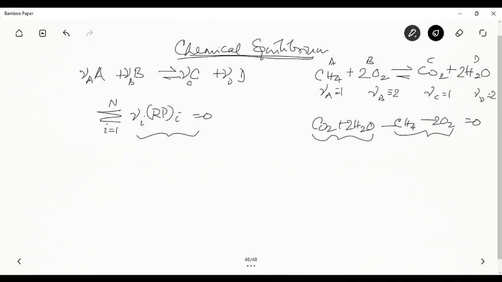Okay. So then what happens is that if this reaction progresses, then for every mu A moles of A consumed, there is mu B moles of B consumed. So there is a unique relationship between them.